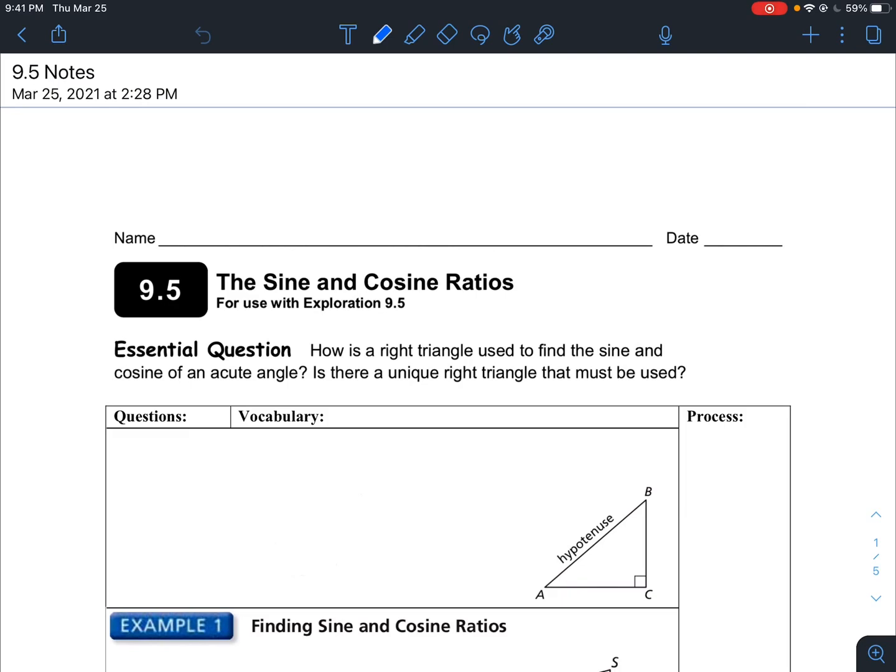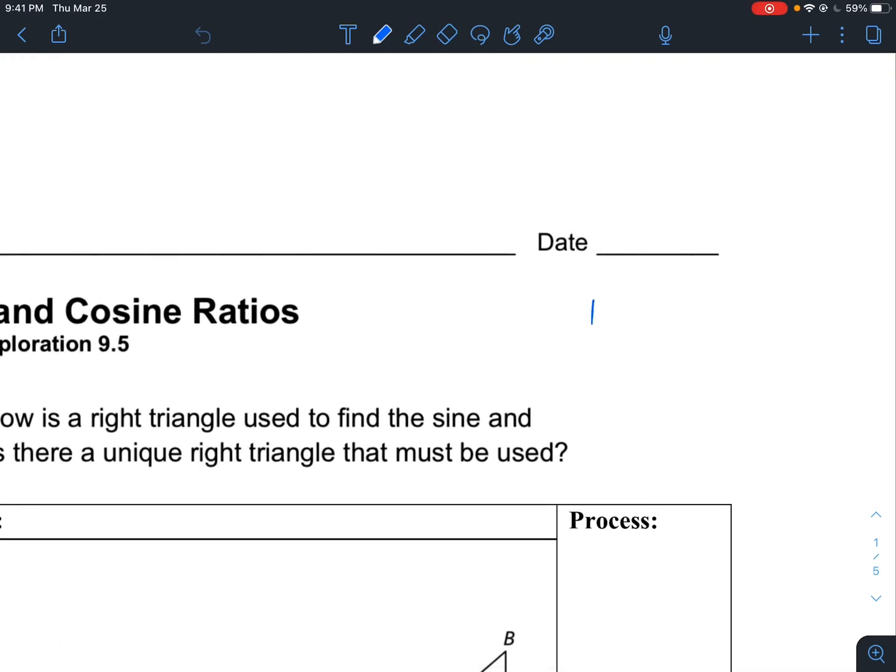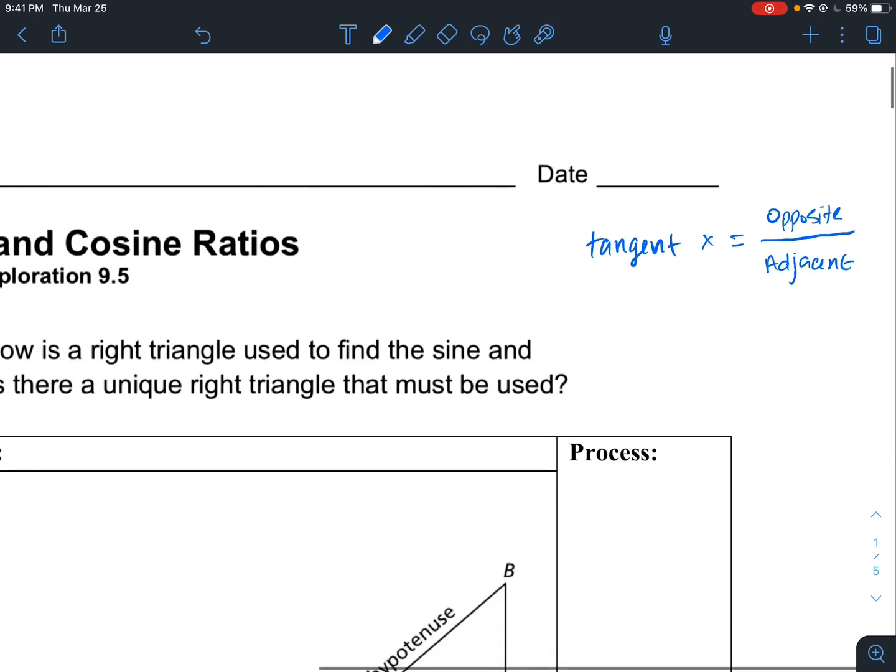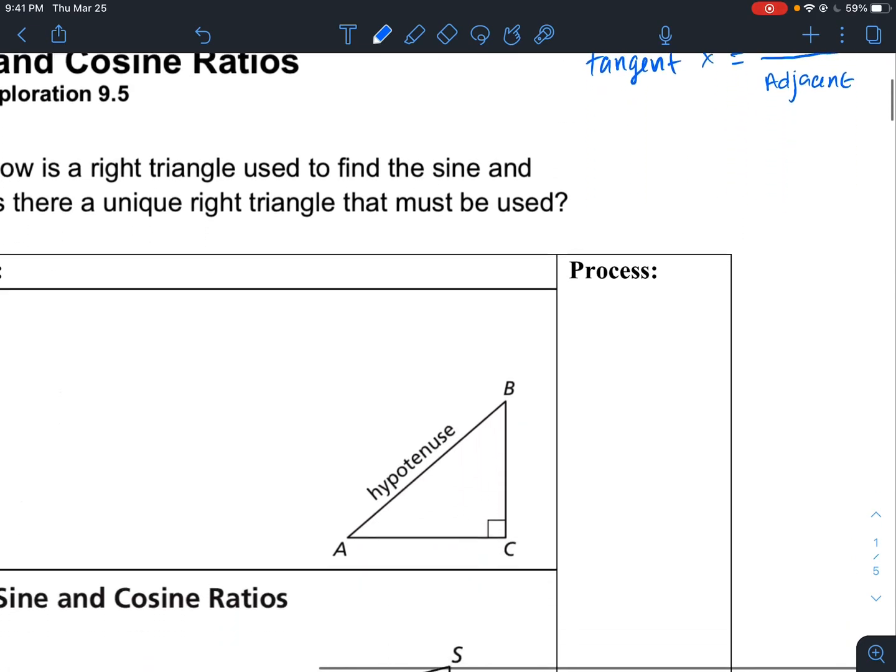If you recall, the tangent of a certain angle, we'll call it angle x, was equal to the side opposite from that angle divided by the side adjacent. Now there are two different pairs of ratios that we could describe.